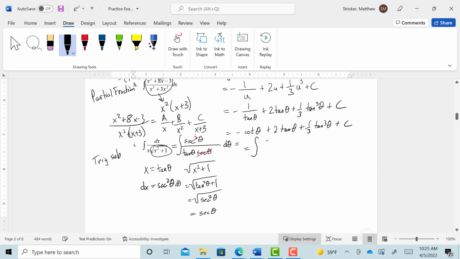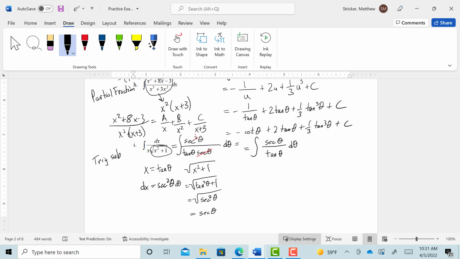So we get the integral of secant theta over tangent theta d theta. And this integral that we get here is not one that I would ever expect you to have to do. This is not something we really know how to do. And so I'm going to change this problem actually to make it something that's a little bit more realistic.